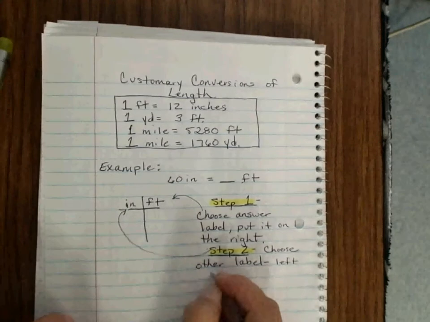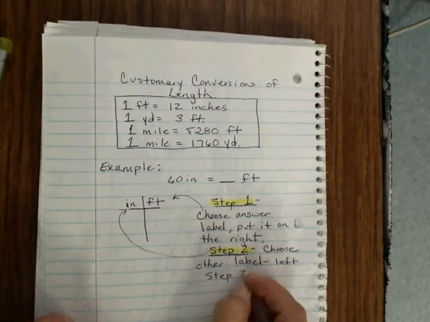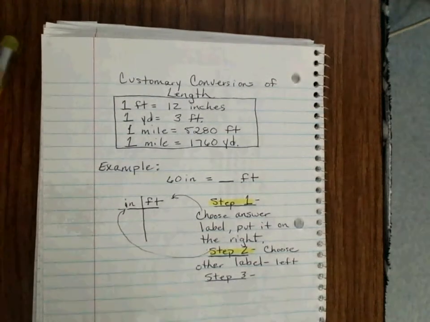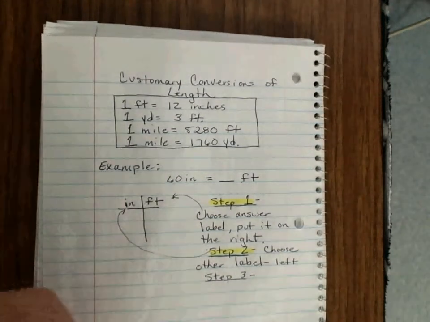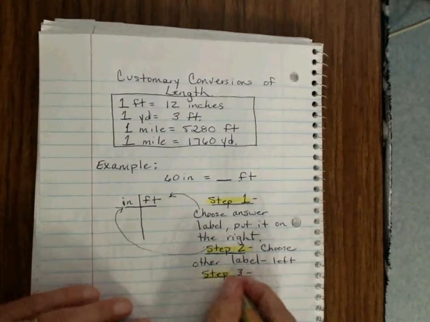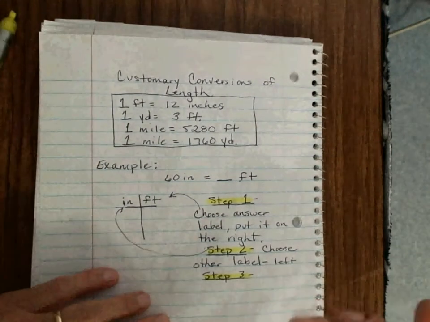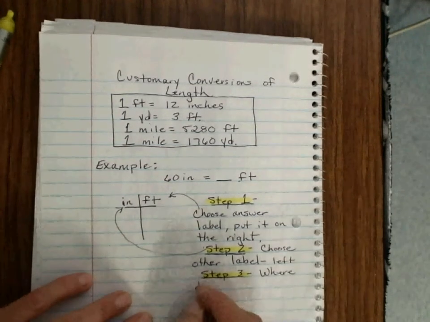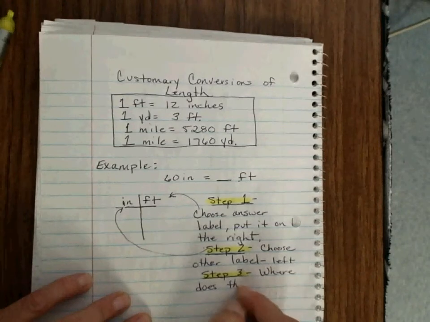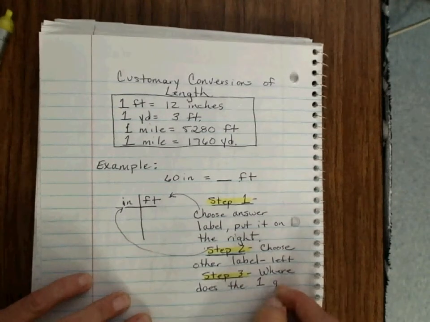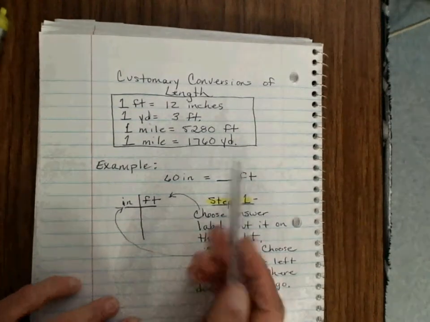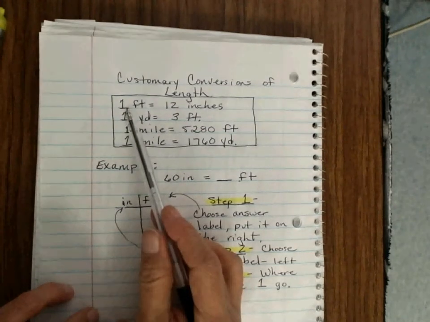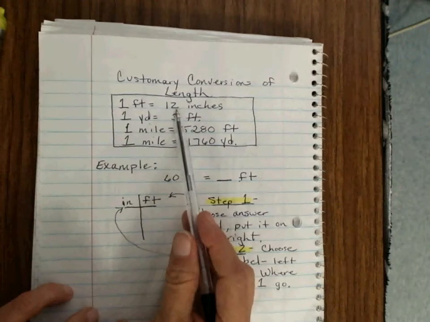Okay, now then step 3. I'm going to ask myself, where does the 1 go? That's the question I ask myself. So I'm going to look back up here at my chart. I have 1 foot equals 12 inches.